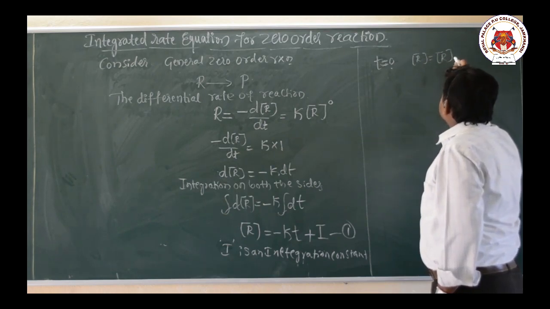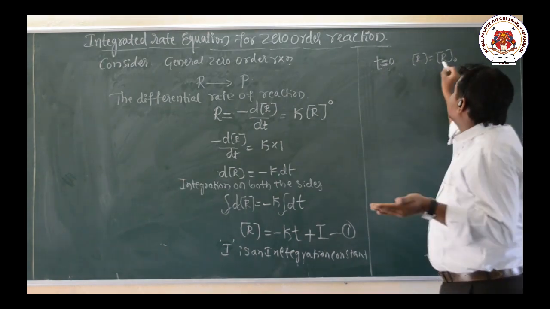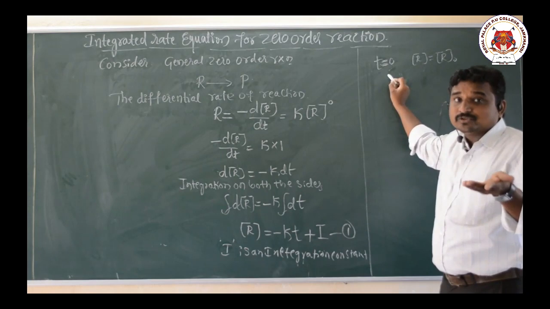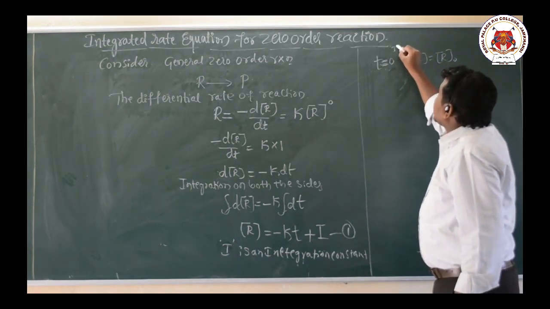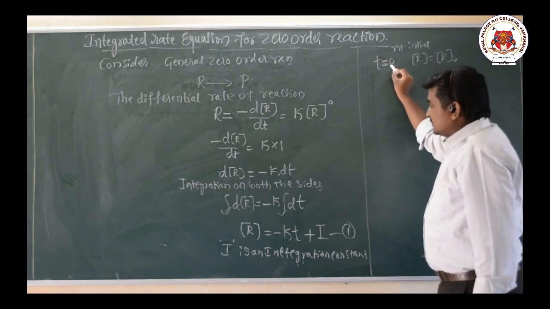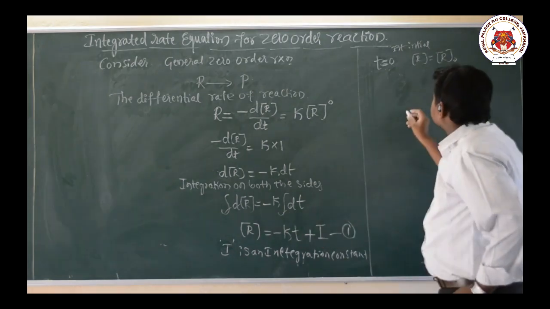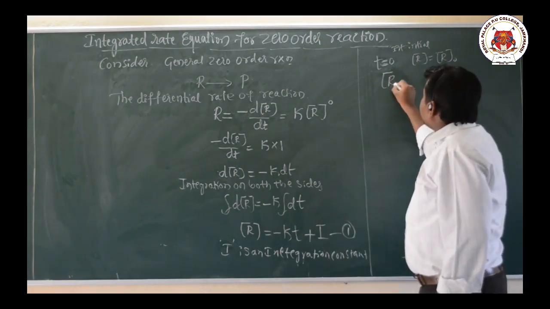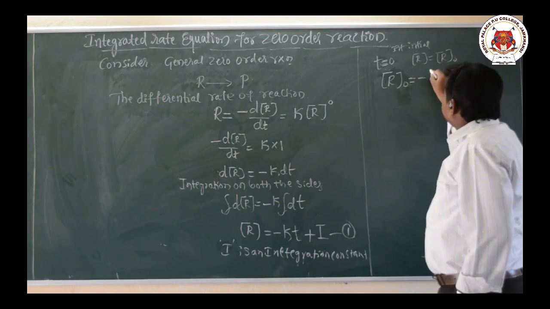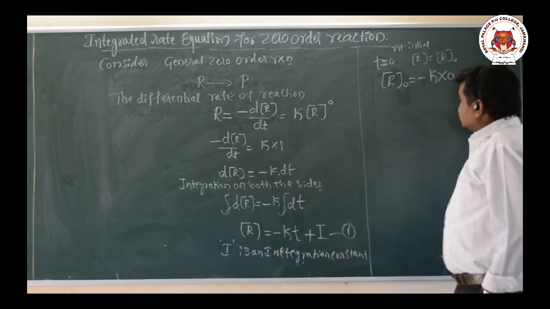Then equation 1 becomes R naught equal to minus k times 0 plus I. Okay.